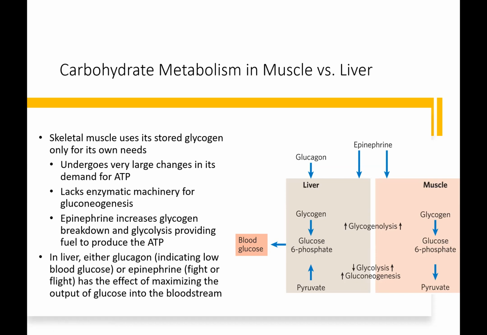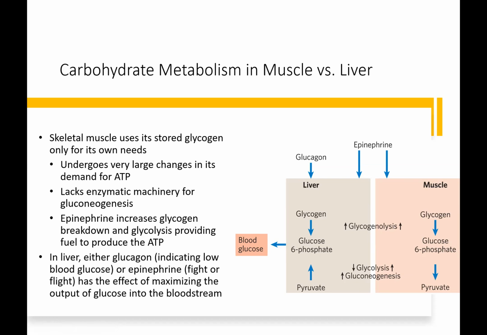This makes sense because the muscle undergoes very large changes in its demand for ATP under intense exercise or whatever. It doesn't have an enzymatic machinery for gluconeogenesis, as does the liver. It responds to epinephrine, which will increase glycogen breakdown as well as glycolysis and restore ATP.